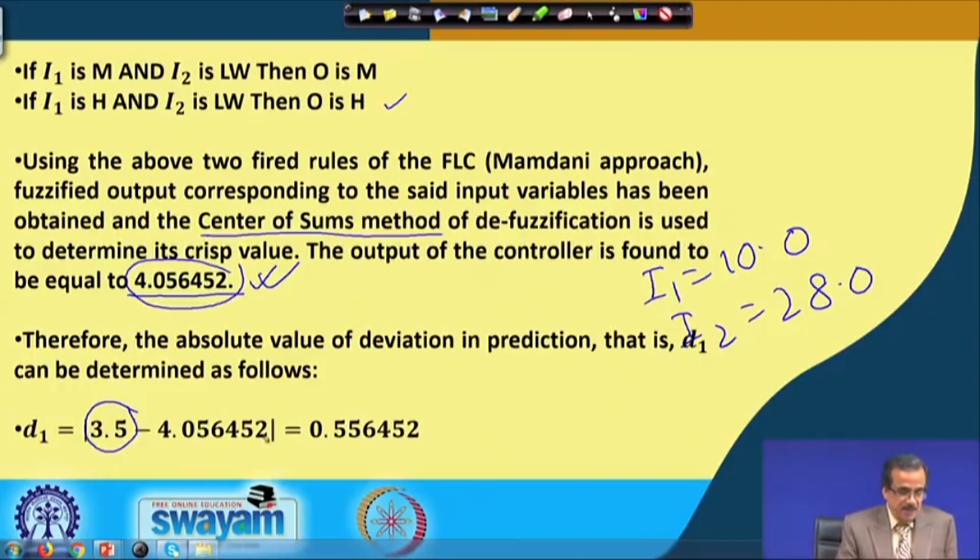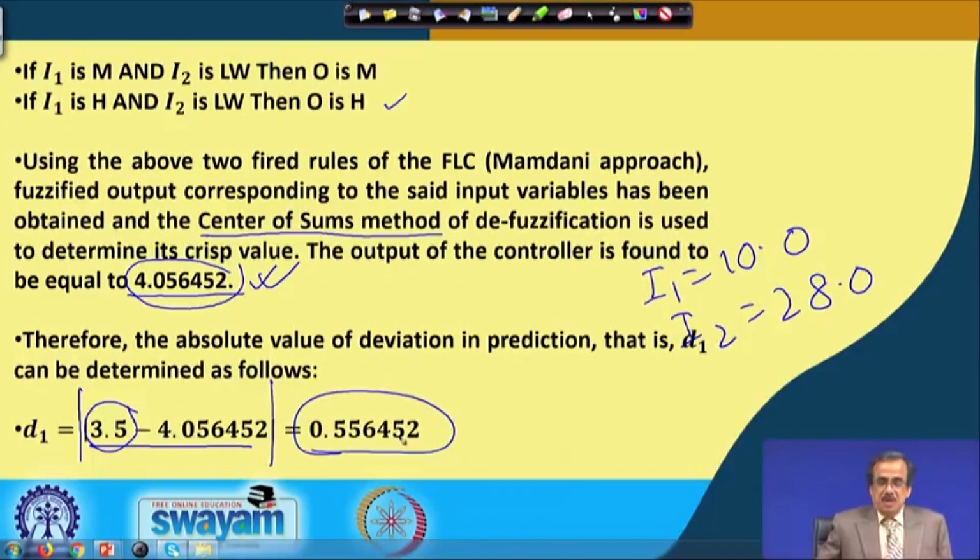So, there is some deviation, that is 3.5 minus 4.056452. This is a negative value, and that is why we use the mod value to make it positive. So, out of all the training scenarios which we have, if I pass the first training scenario, I get this particular deviation.